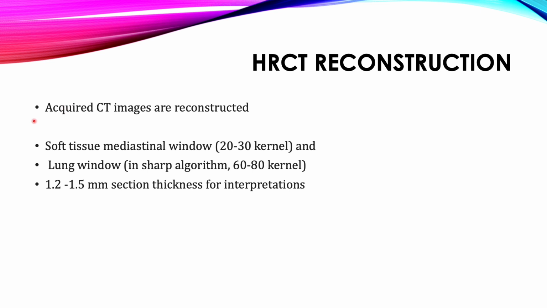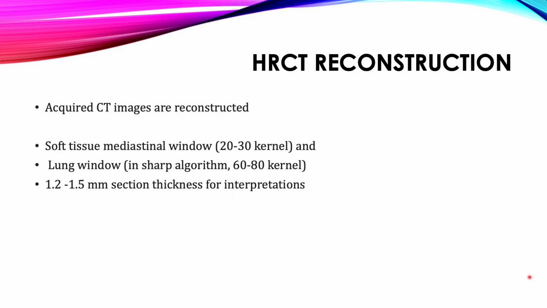The classic HRCT lung image window usually is 1 to 2 mm section thickness, which is enough for interpretation. Of this, the soft tissue mediastinal window is a 20-30 kernel and the lung window is a 60 to 80 kernel. So that's the specification. The images are acquired at 10 mm intervals, but each section is 1 to 2 millimeters.